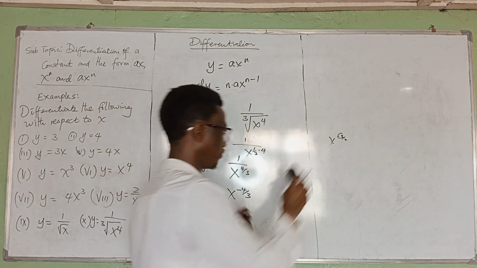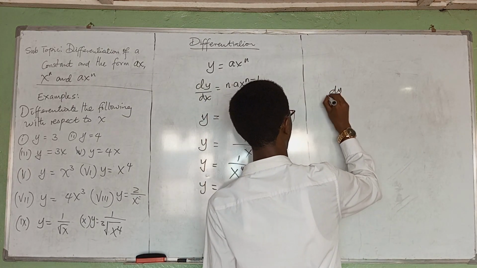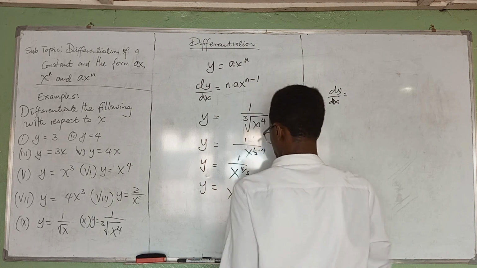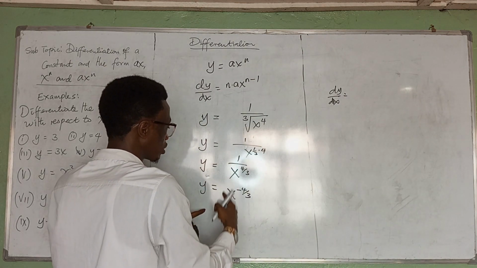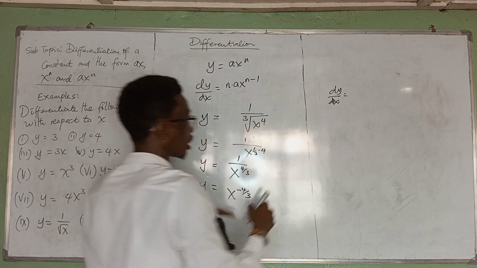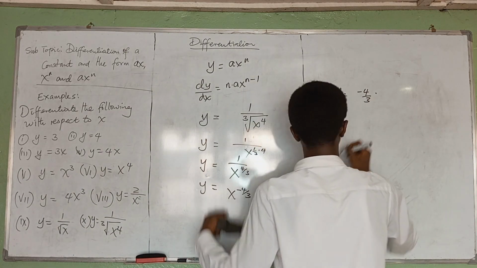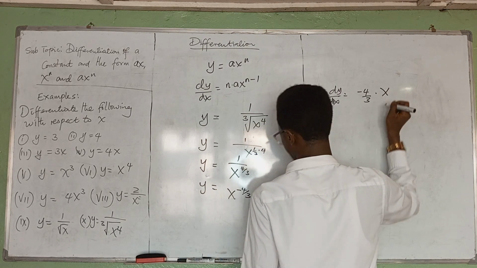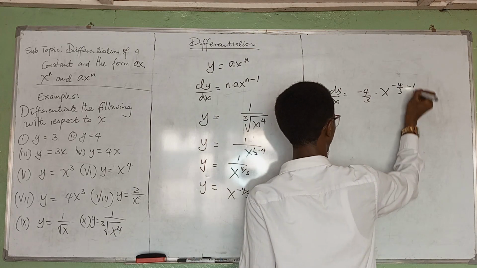Now we have to differentiate. So your dy by dx now becomes, remember, you multiply this power by the coefficient here. So that becomes minus 4 over 3 multiplied by 1, and 1 times x is just x, and now we have minus 4 over 3 minus 1.